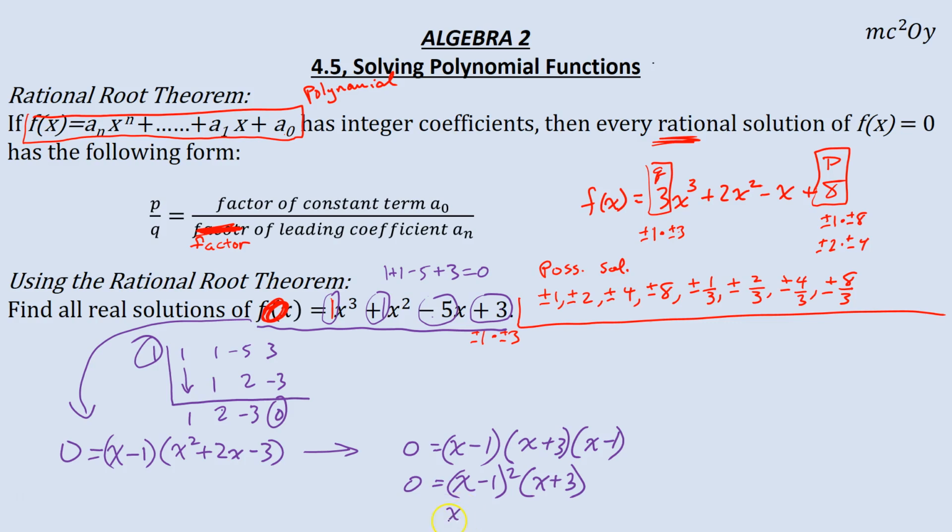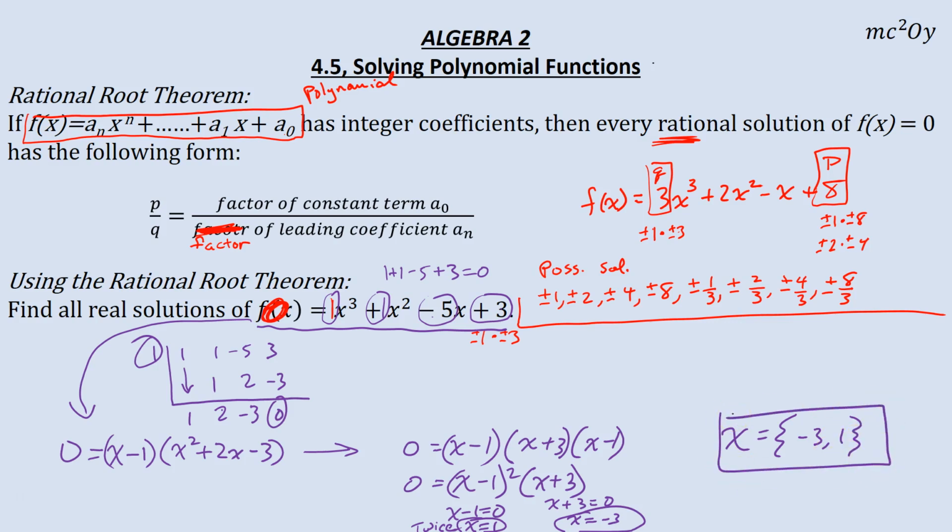So I have a solution of x minus 1 equals 0, or x equals 1, and that appears twice. And x plus 3 equals 0, or x equals negative 3. So writing it out, we only have to list the 1 time, unless it asks for its multiplicity, or repeated zeros. There we got it.